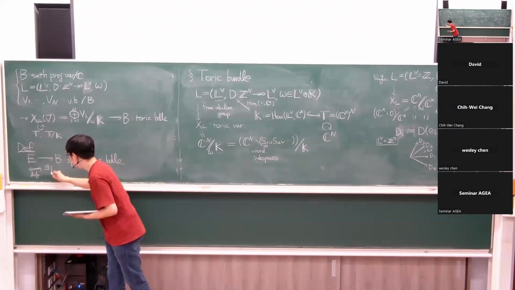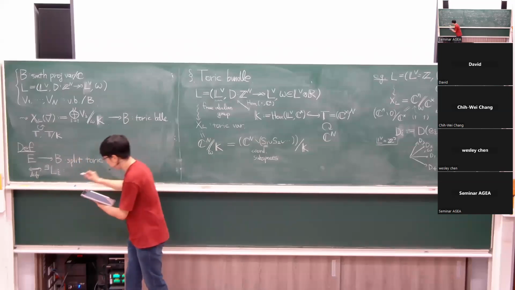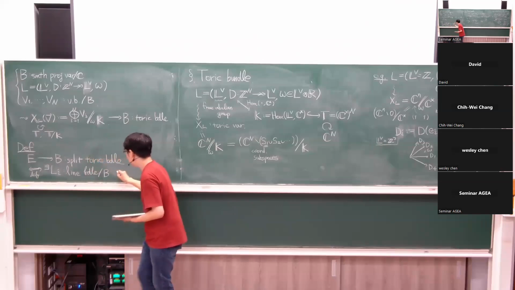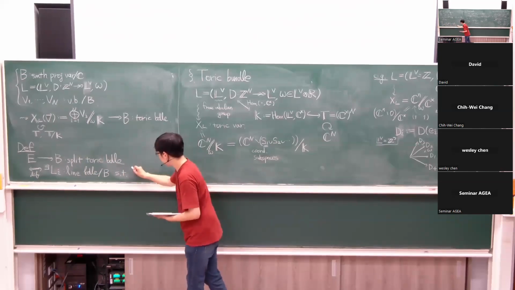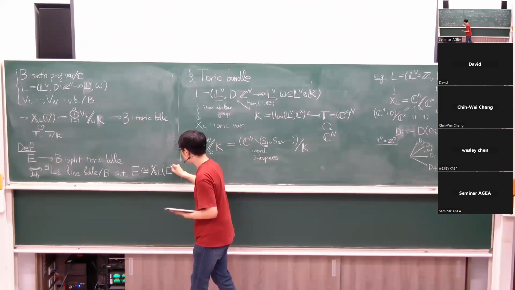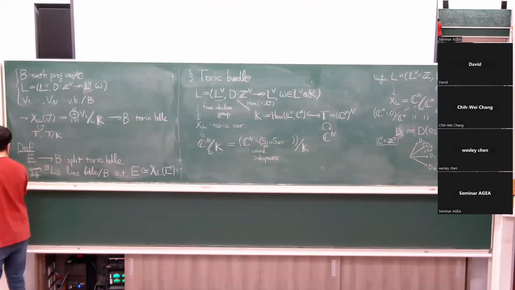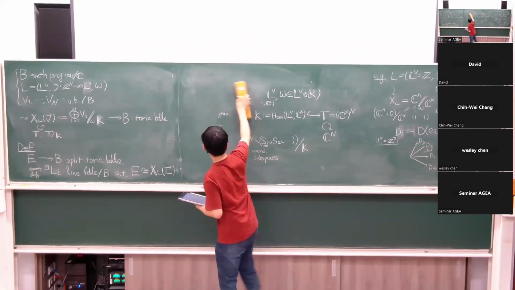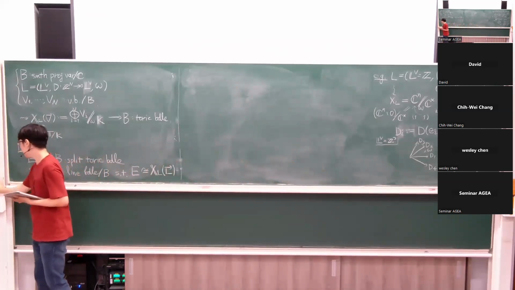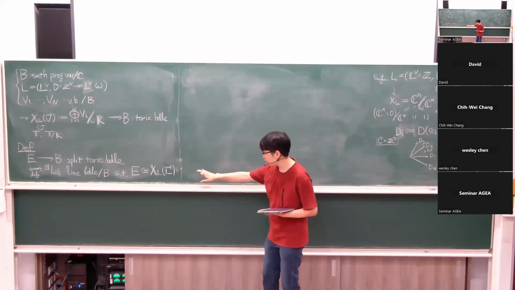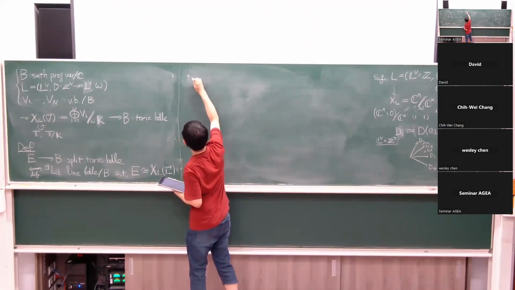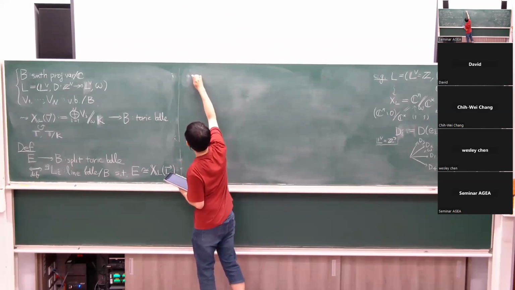This is the toric bundle obtained from line bundles. In this case, actually we have a big torus action on each fiber, so the localization formula works very well in this case.